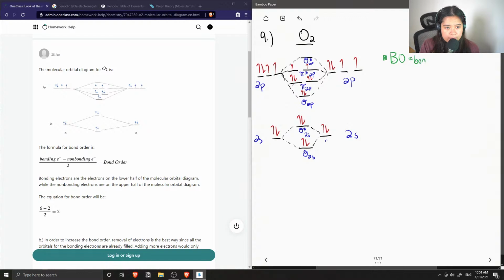So bonding electrons minus anti-bonding electrons divided by 2.